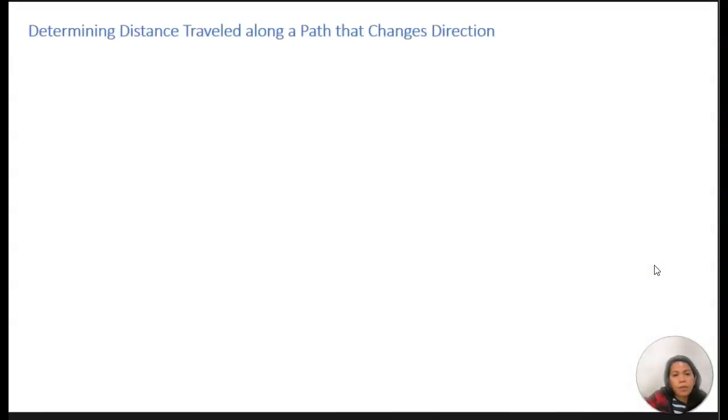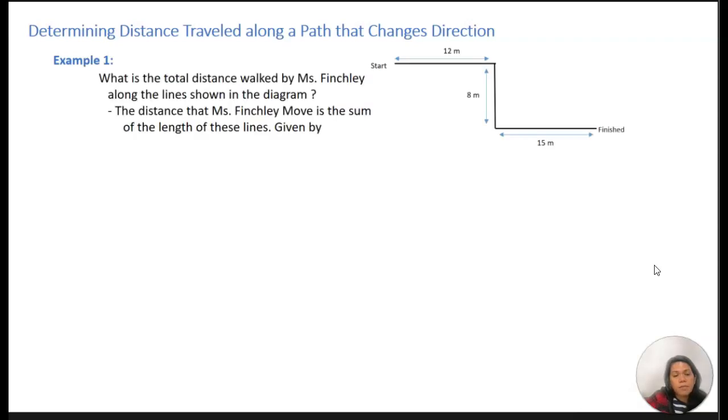Determining the distance traveled along a path that changes direction: for example, if Miss Finchley walks along this diagram, 12 meters from where I start, then south 8, and then east for 15, we just add all the magnitudes. 12 plus 8 plus 15, so Miss Finchley covered 35 meters of distance.